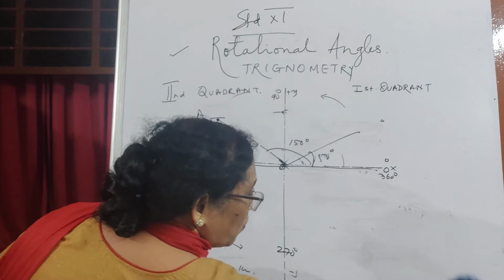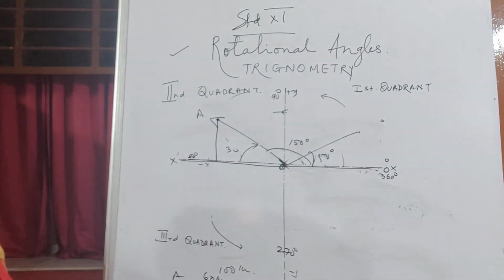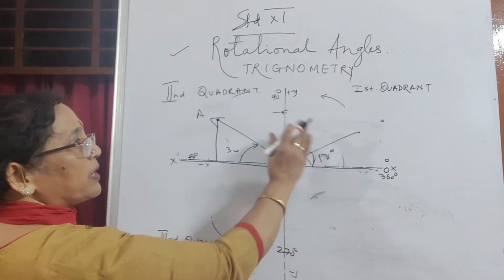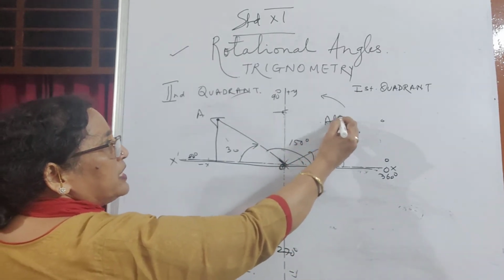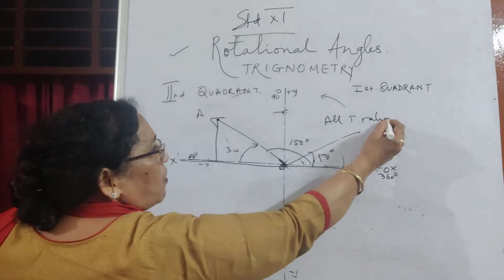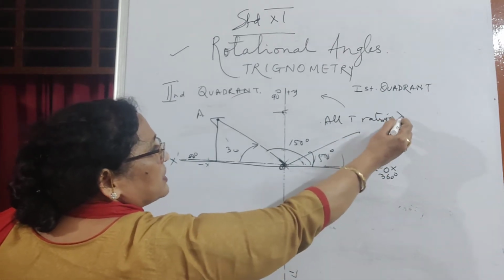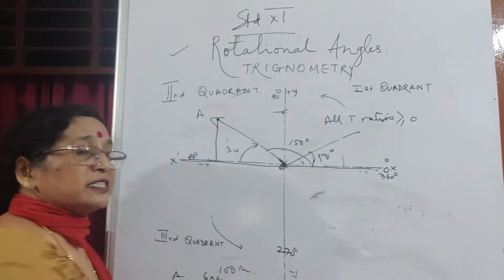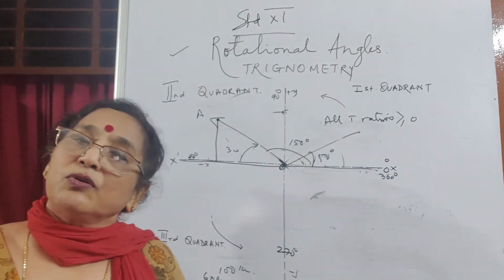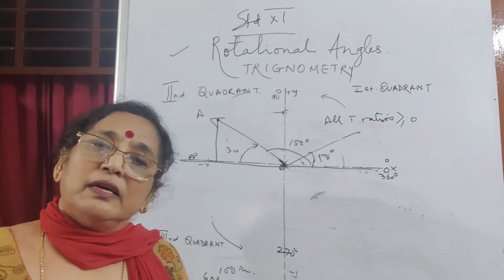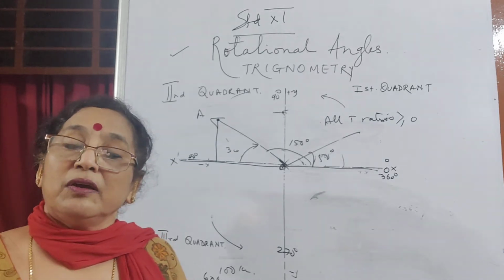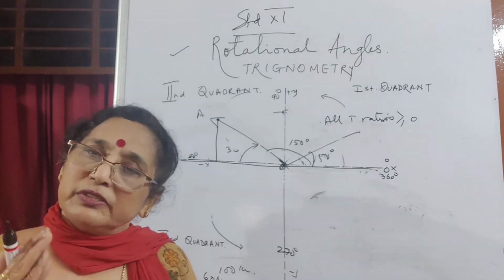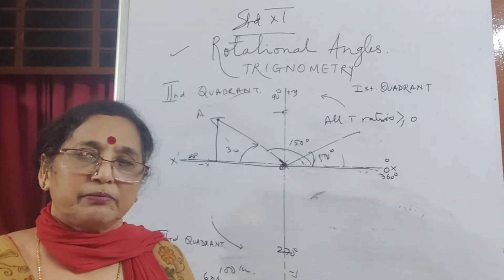Now I will show you y negative, y positive. So let us first write down sine of. Here, all t ratios are positive. Sine, tan, cos, cosec, cot and sec of acute angles will be a positive value, a positive fraction or a positive decimal.